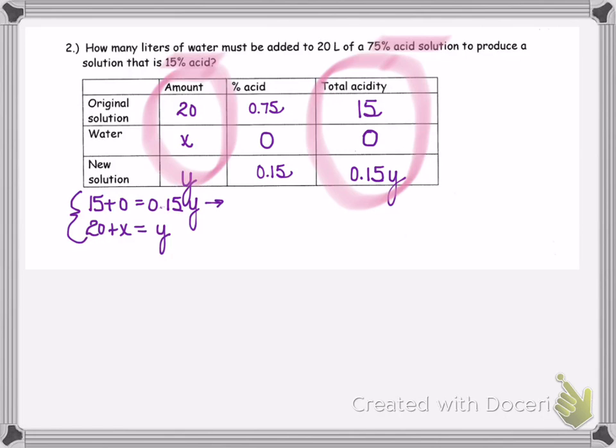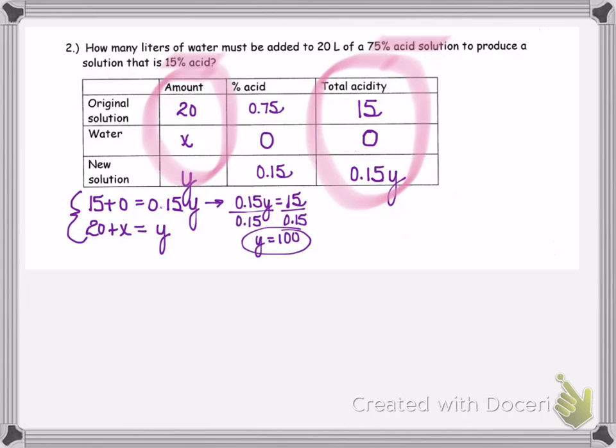So this is the same as 0.15y equal to 15. I'm just cleaning up the plus 0. I'm dividing by 0.15 on both sides, so y should equal 100.